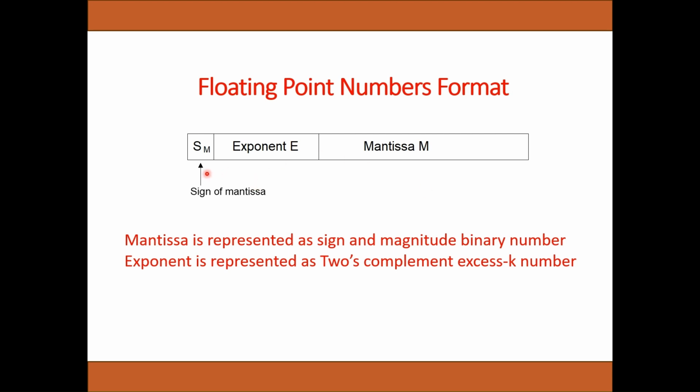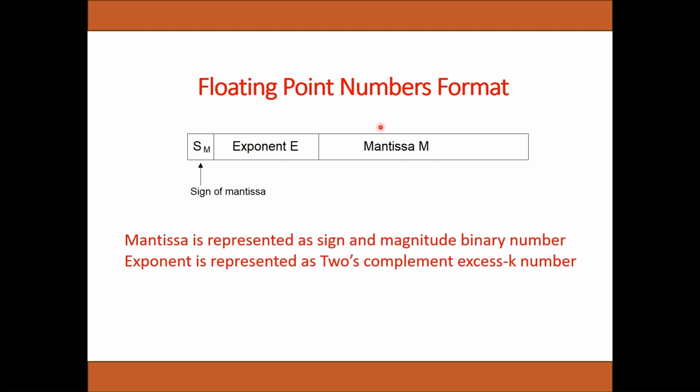But before that, this is the organization for keeping them as a number. So the first bit is for the sign bit of the mantissa, and then comes the exponent, and then comes the mantissa. Okay, so first sign, then exponent, and then mantissa.